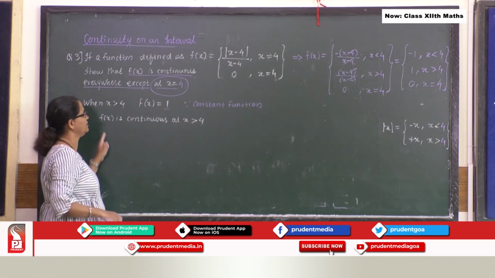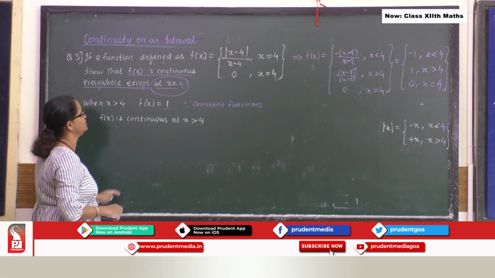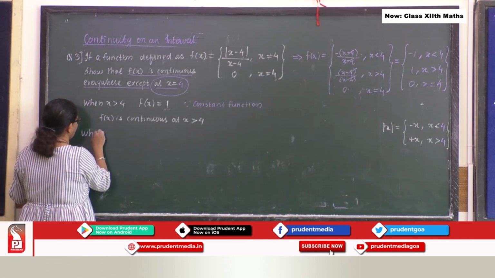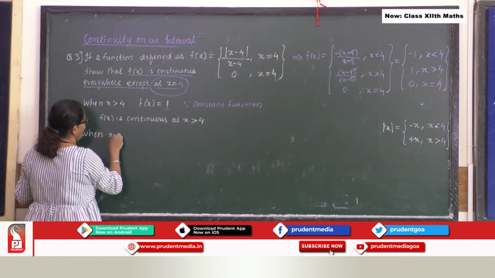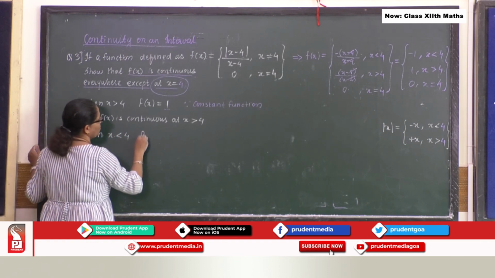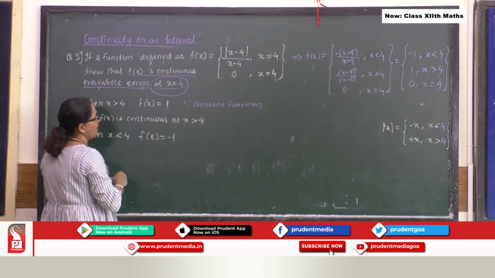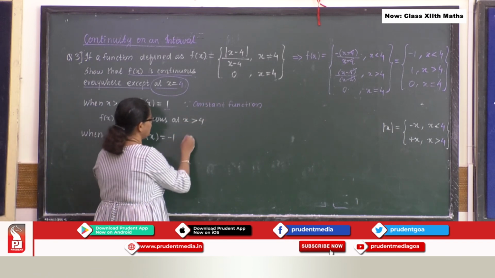So for all values here f of x is continuous. Now the second condition, when x is less than 4. What you get there? f of x equals minus 1. Again it is a constant function.